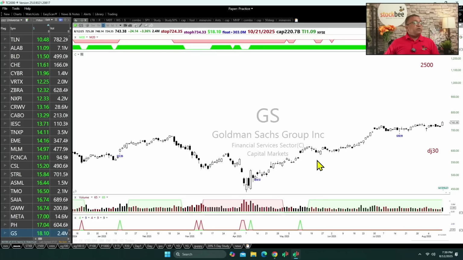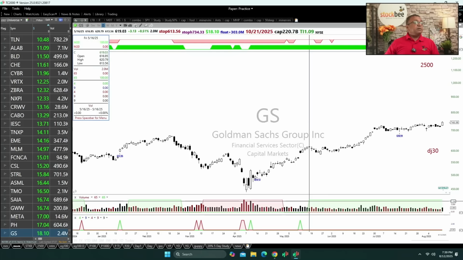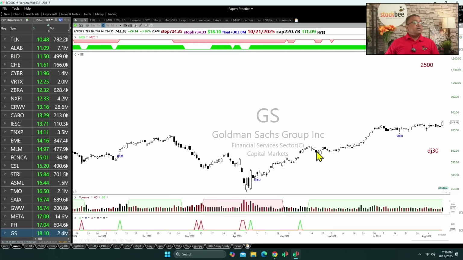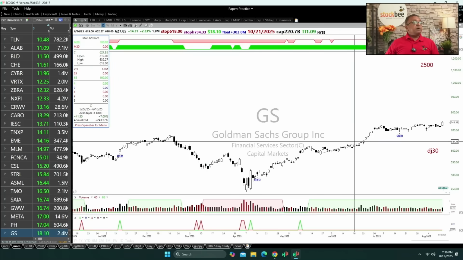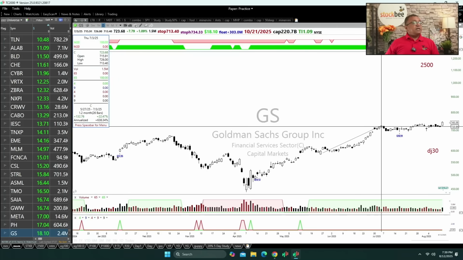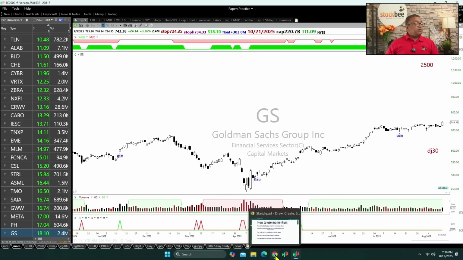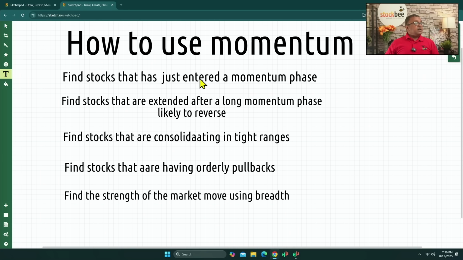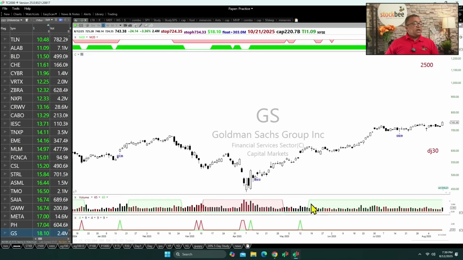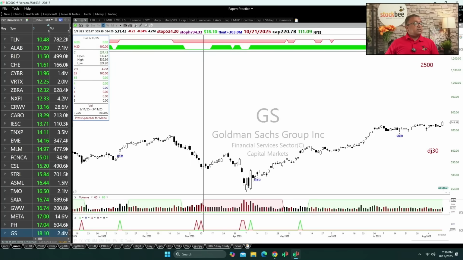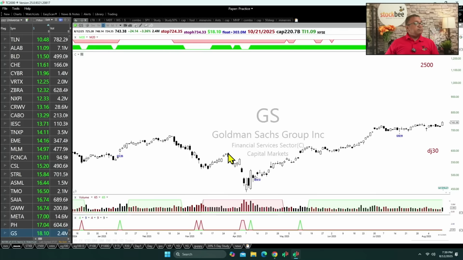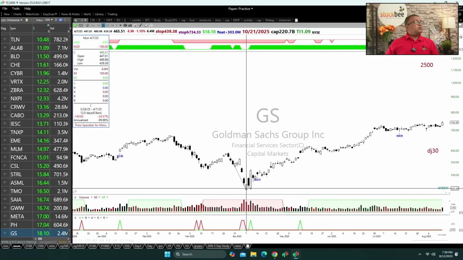If you can identify the start of a momentum, then you are looking to enter the stock on the first opportunity in the momentum and ride the trend. If you are looking for stocks that have just entered a momentum phase, you can create these kinds of momentum phases. Similarly, in this case, this stock entered a negative momentum phase and offered you an opportunity to go on the short side.